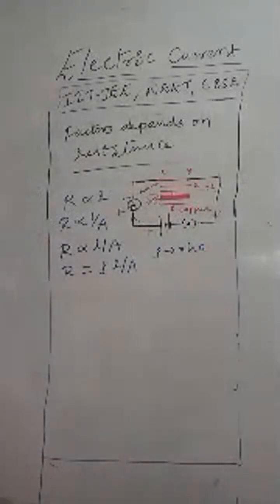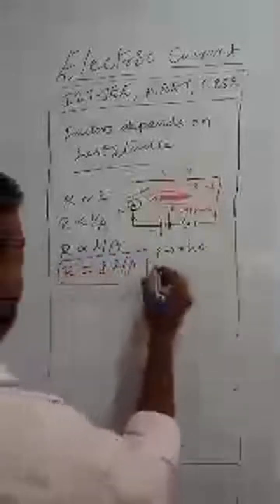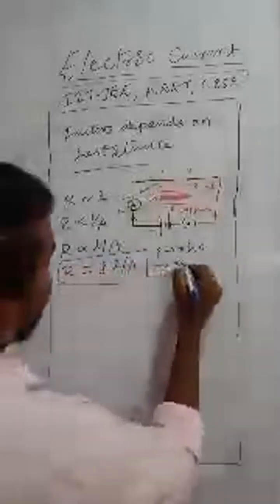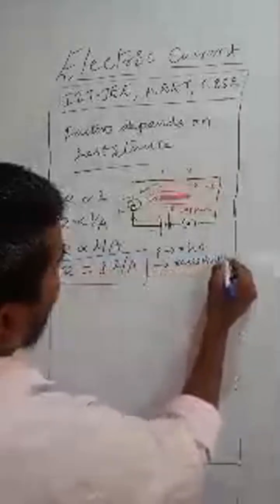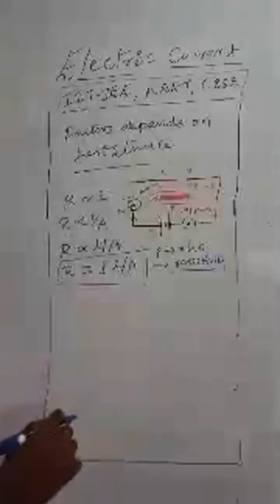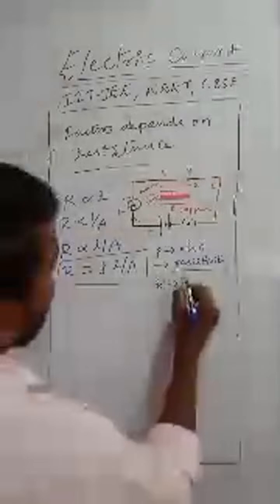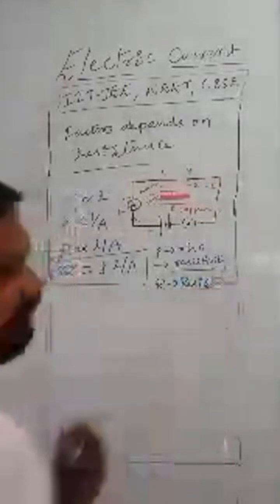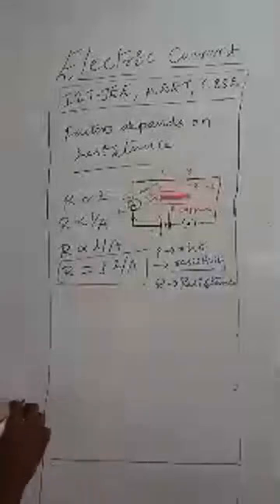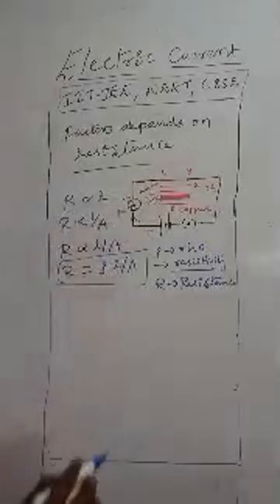I hope it is very clear to you. R is the resistance, and rho is the resistivity. Understood? So R is directly proportional to L, and R is inversely proportional to area.